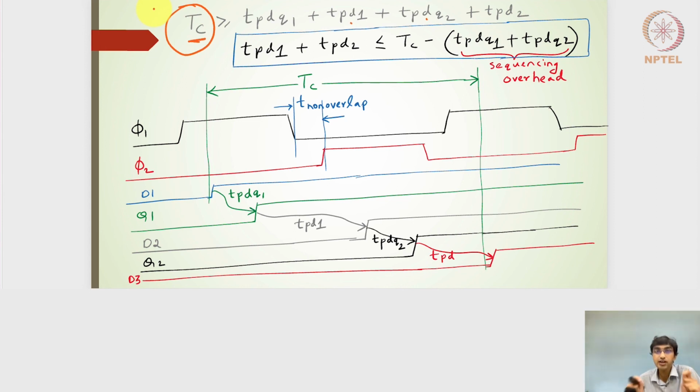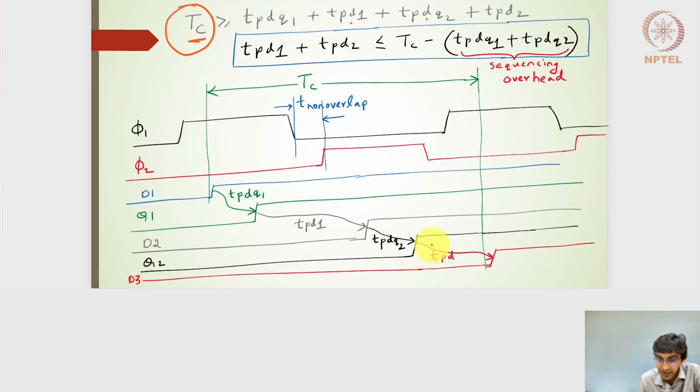So if I were to design the clock time period, what I will choose is all these 4 components of the propagation delay, and anything greater than that will be my time period. Now, let's say we have the clock time period and we were to design the combinatorial circuit blocks. What should be the propagation delay of those 2 combinatorial blocks?